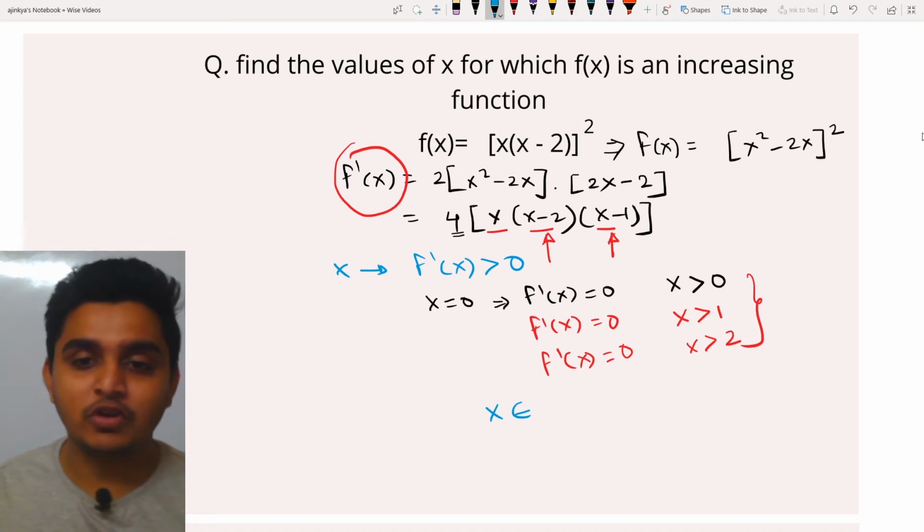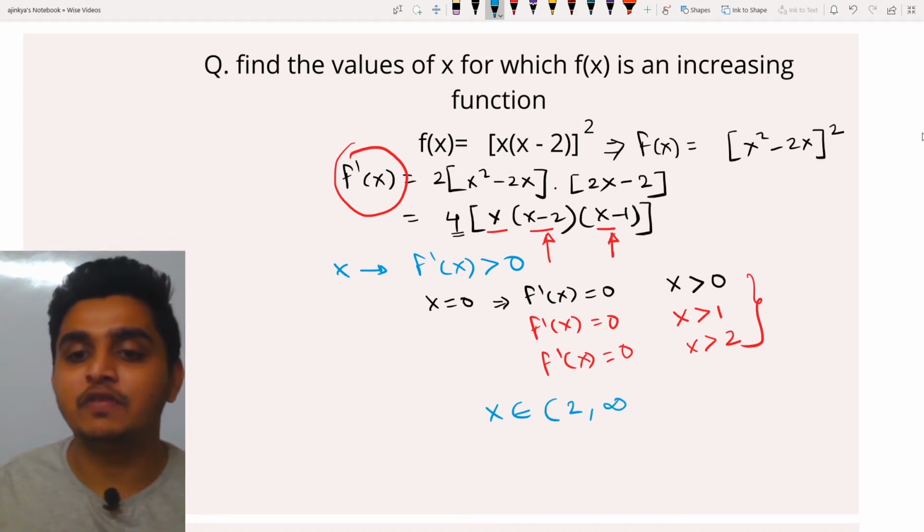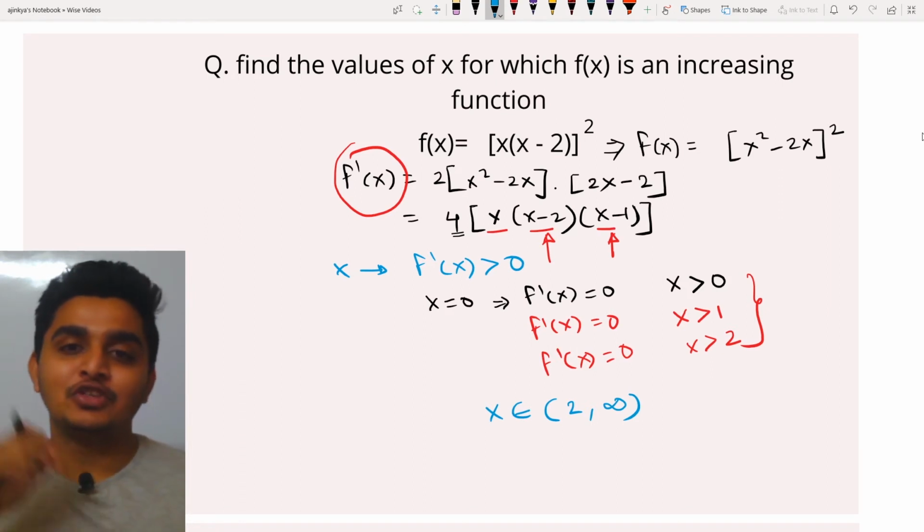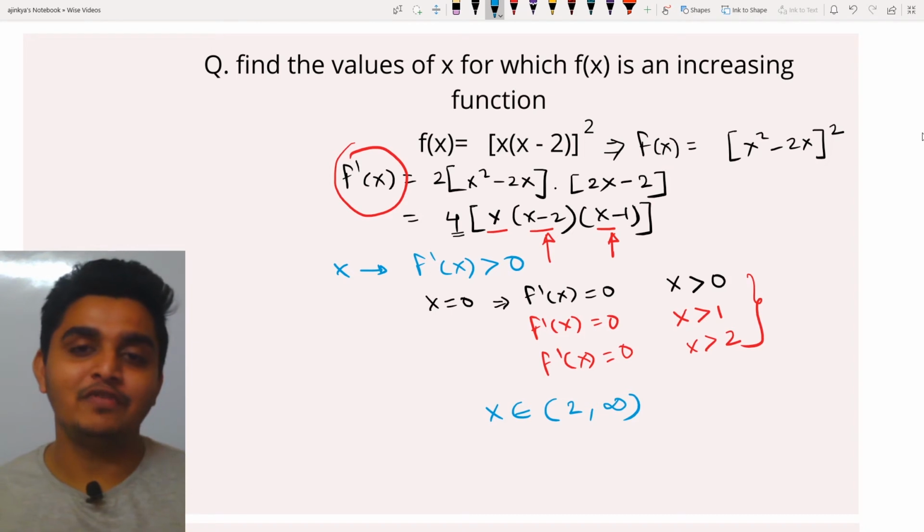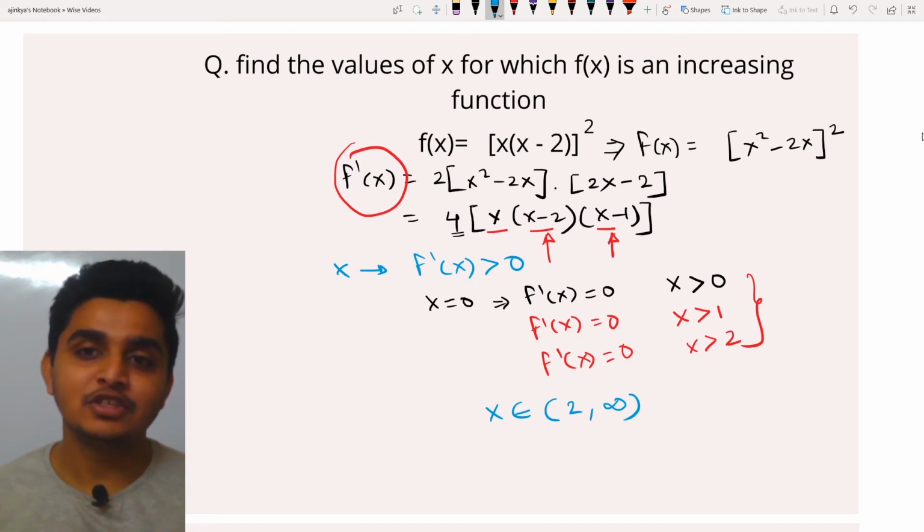So 2 is not included, so it will come round brackets 2 till the positive infinity, and this is your answer. So for any values from 2 up until infinity, the function is going to have the derivative as greater than 0, and thus showing that the function is an increasing function.